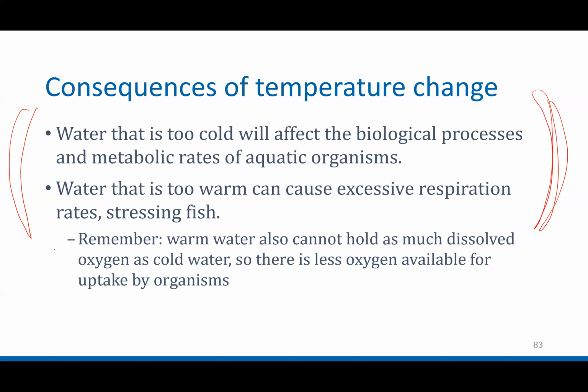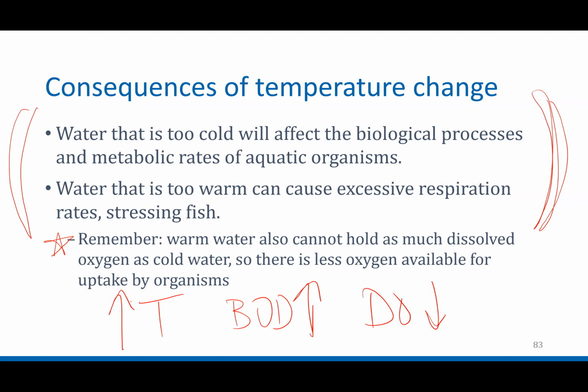And this is an important little note down here. Water that's too warm has multiple issues, but another big one is, first of all, the fish are stressed, they're breathing faster, they have increased metabolic rates. But warm water doesn't have as much dissolved oxygen. So the biological demand for oxygen goes up, and the amount of dissolved oxygen gets lower.